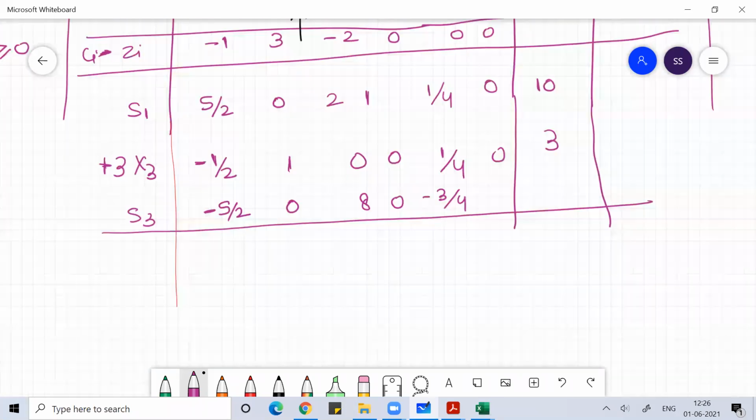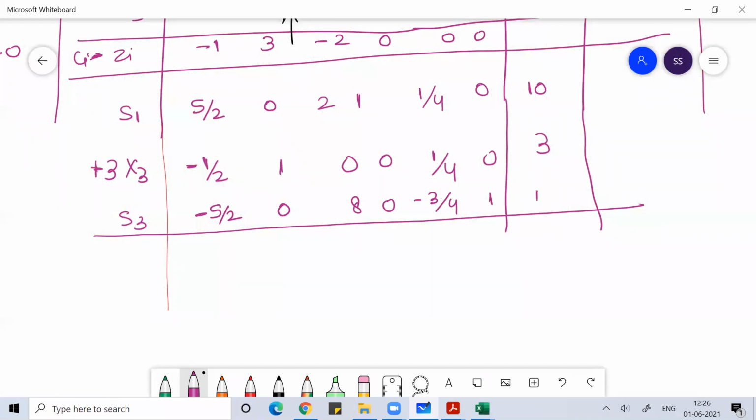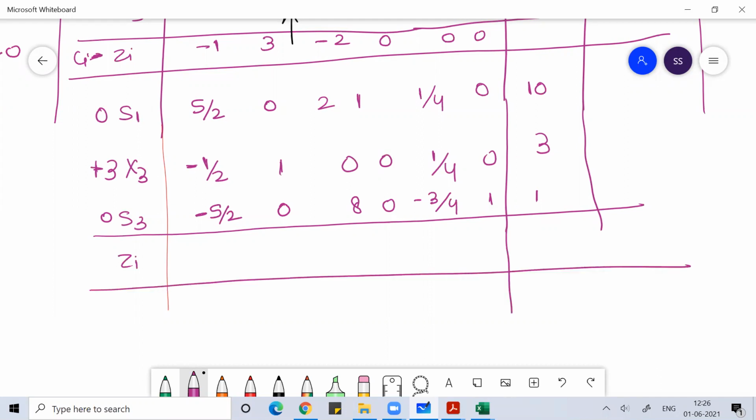This is 0. This is 0. So this is ZI. The ZI value is -3 by 2.